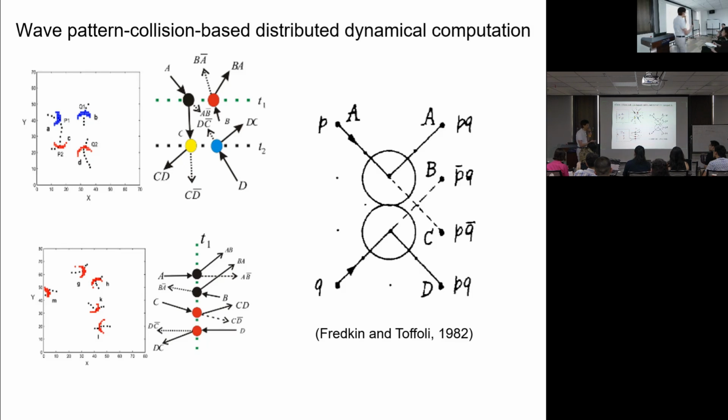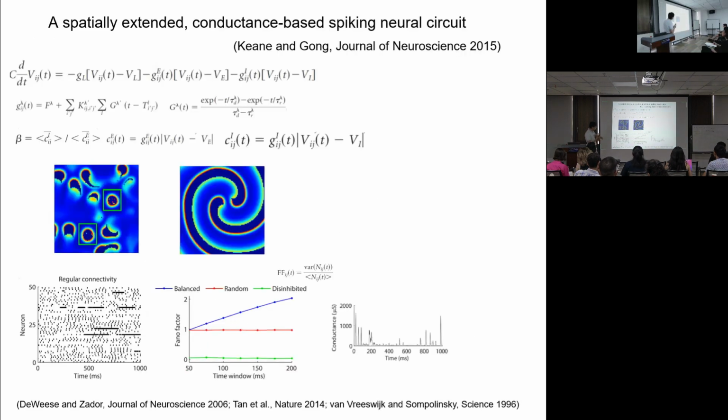Also related to that, Stephen Wolfram has done a lot of work on computation of cellular automata. Based on that body of work, he published a book with the title of A New Kind of Science. So the idea is that the whole universe may do some sort of computations.